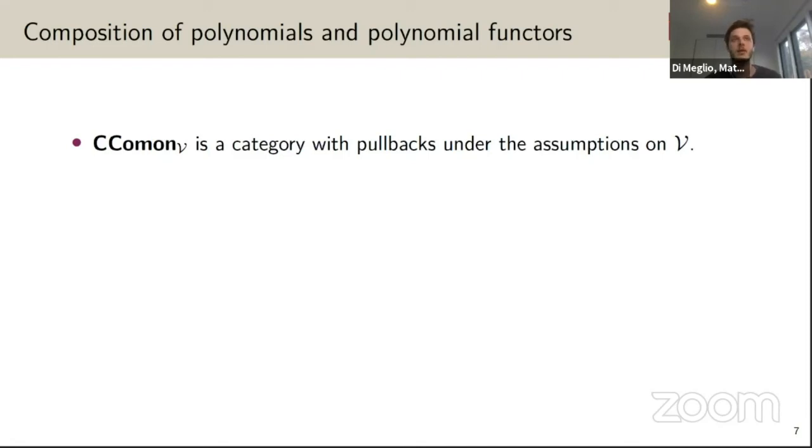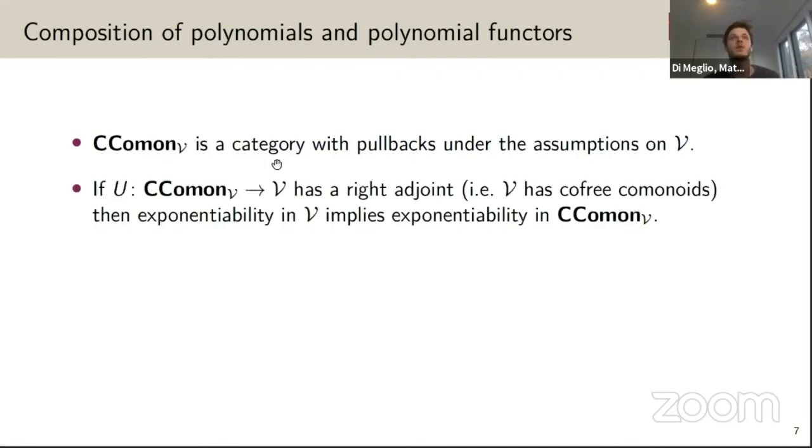Now, the next thing I should add, so I'm actually adding an assumption to our setup. If U, the forgetful functor from the category of co-commutative comonoids in V to V, has a right adjoint, so we have co-free comonoids, then one can prove that exponentiability in V, so co-induction along comonoid morphisms has a right adjoint, implies exponentiability in Comon V. So in other words, the pullback functor along the same comonoid morphism has a right adjoint.